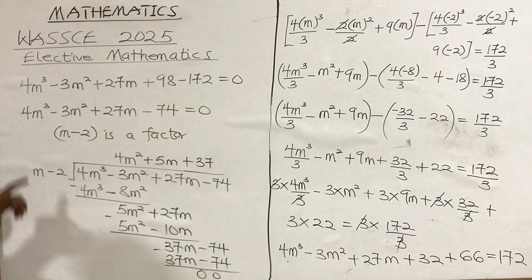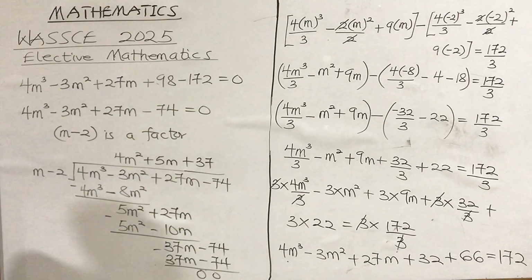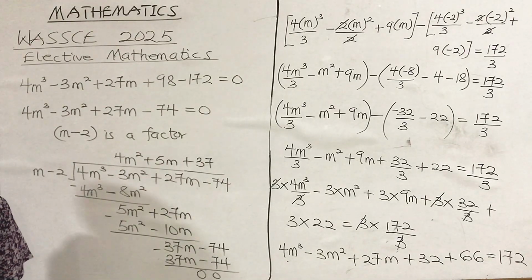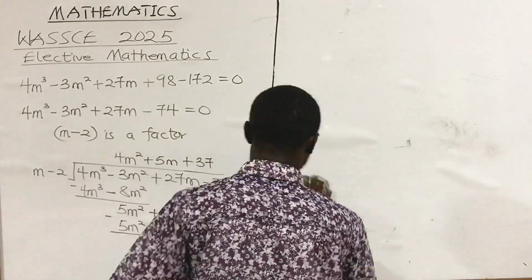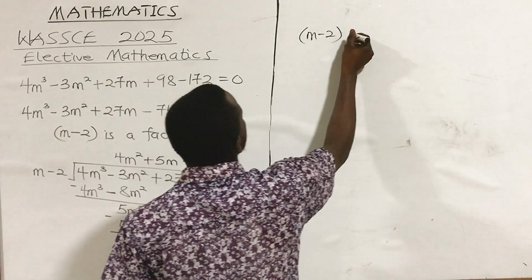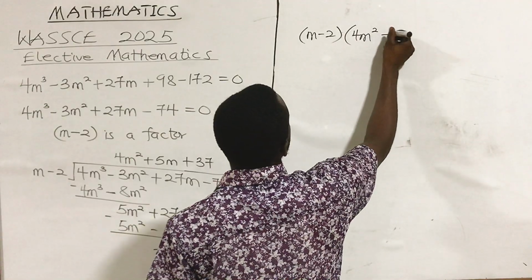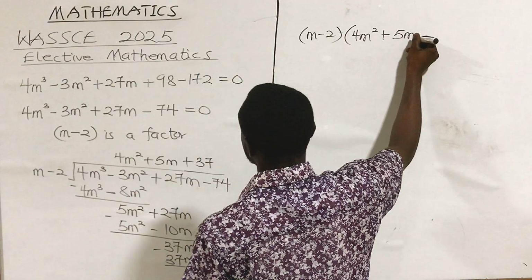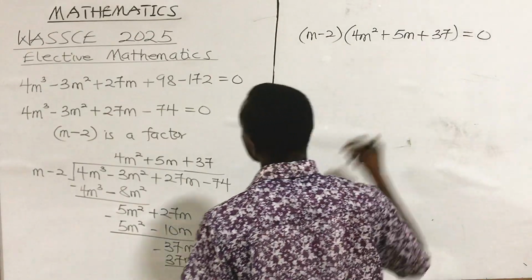So this means that this whole thing is the same as m minus 2 multiplying 4m squared plus 5m plus 37. Everything is equal to 0.